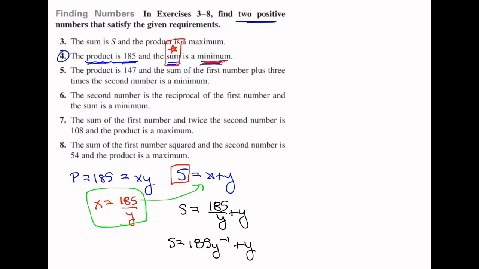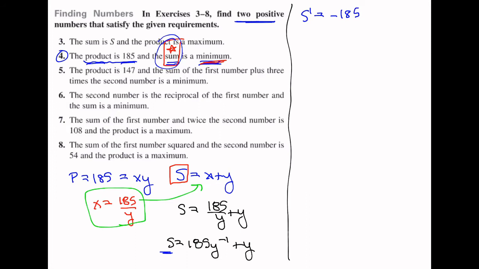Okay, so now I'm going to continue on up here. So I have a nice function for s. Remember, this is what I want to optimize, so I'm going to take its derivative, which gives me s prime equals negative 185 y to the negative second plus 1.